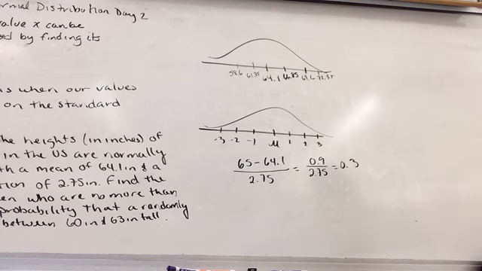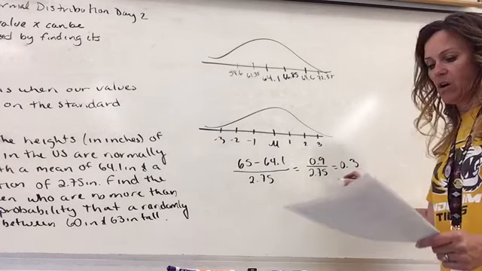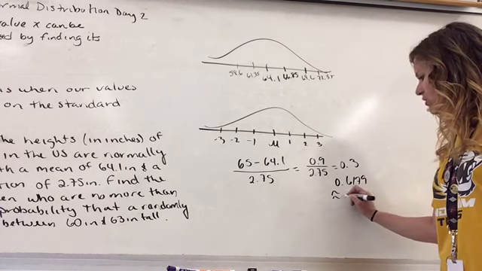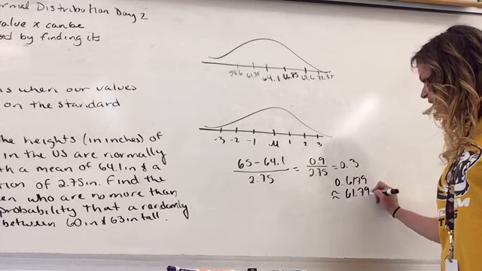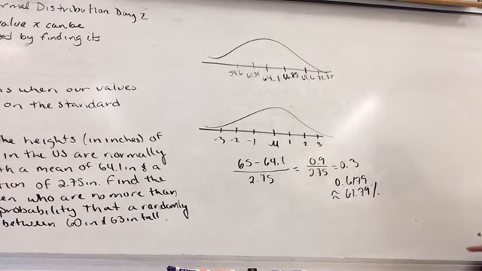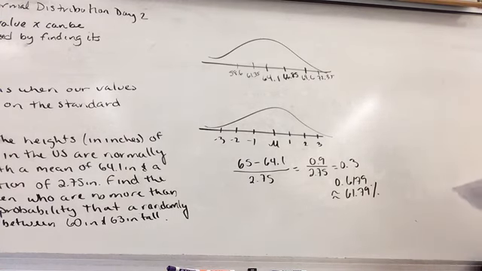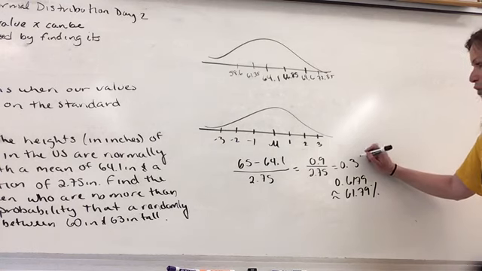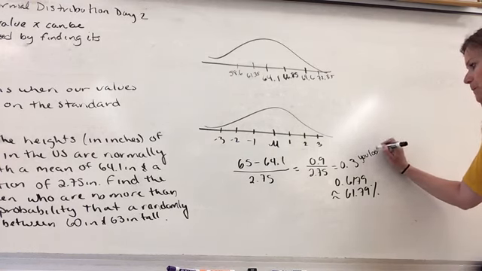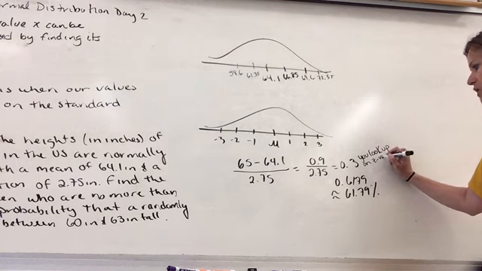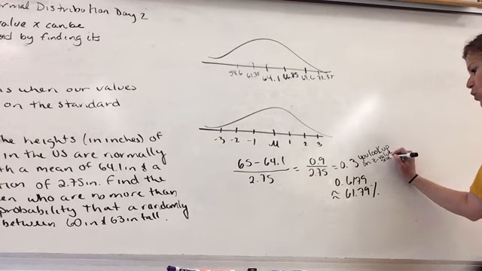Now, when we look this up on the table in the book, we get a value. I will show you how to use the table when you're here, though you could go ahead and look at it ahead of time. We look up this value on our table, and it comes out to be 0.6179, which translates to 61.79%. I don't want to get too far ahead, but you look this value up on the z-score table.